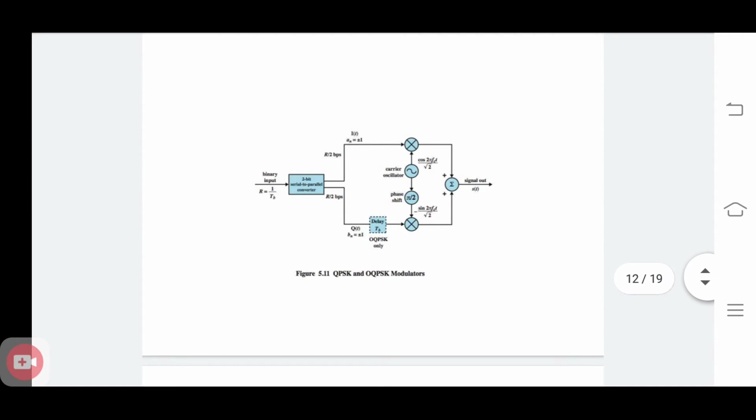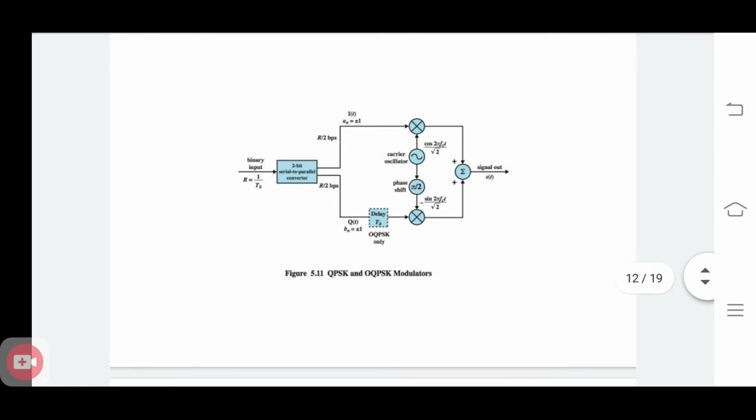Then if you are using QPSK and OQPSK modulators in a transmission, this is the figure of the modulator which uses QPSK and OQPSK. What is OQPSK? That is orthogonal QPSK, quadrature phase shift keying.